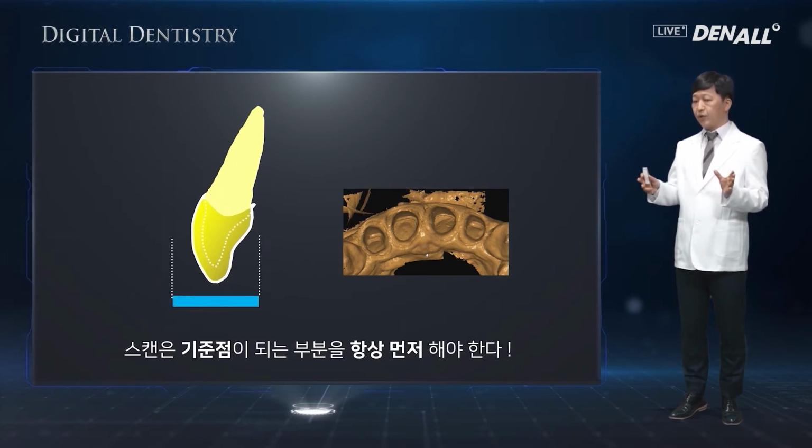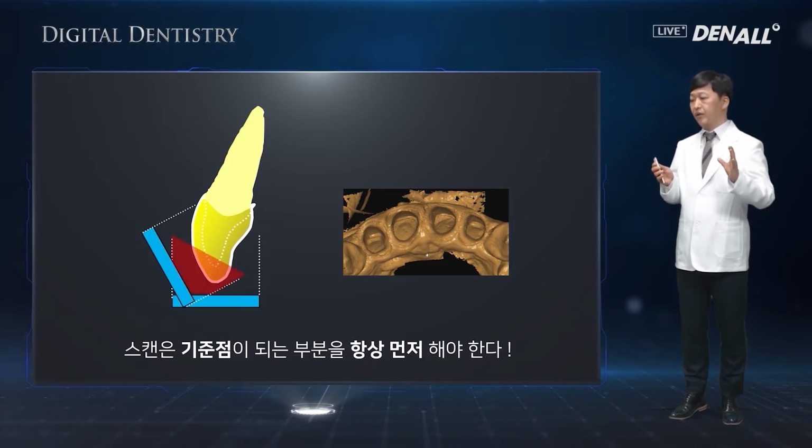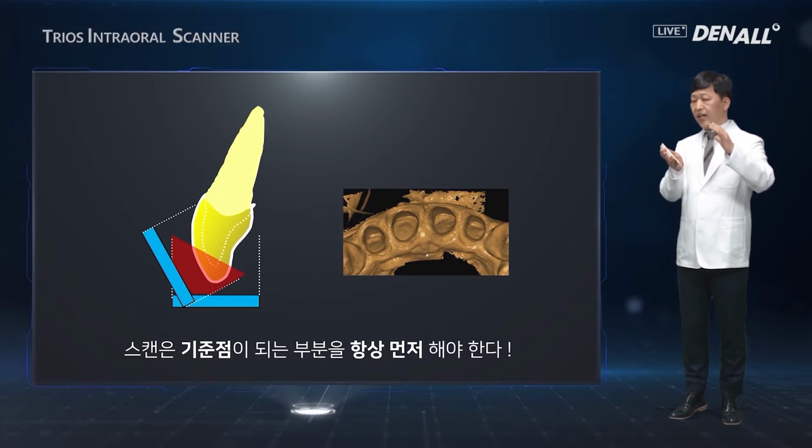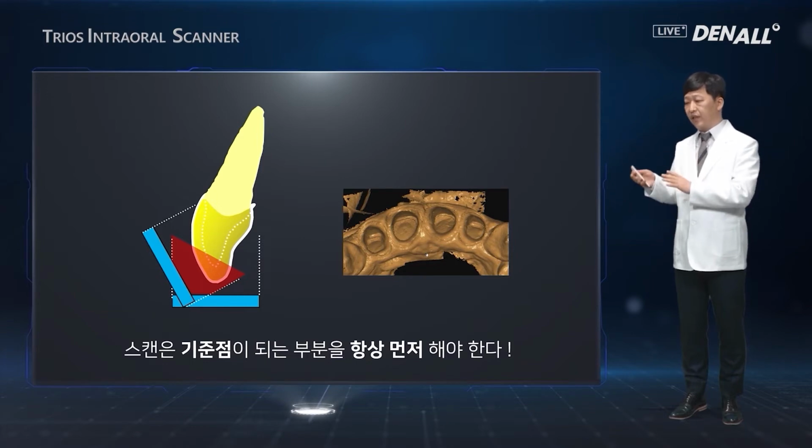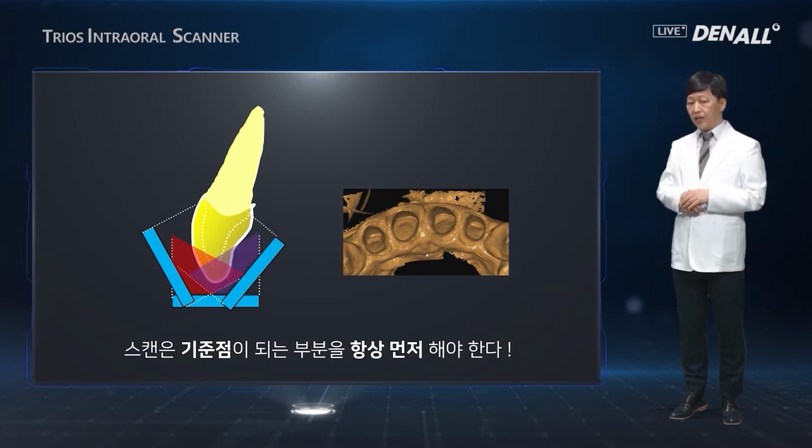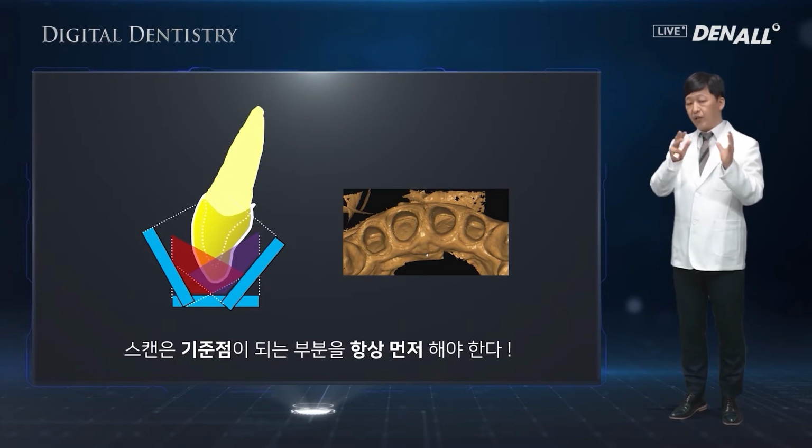So incisal scanning should be done first and then change the angle a little bit. So we need to scan with overlapping areas. Then we'll be able to connect the images. We need to remember that in the anterior region, the incisal edge should be scanned first, followed by the lingual and buccal sides.